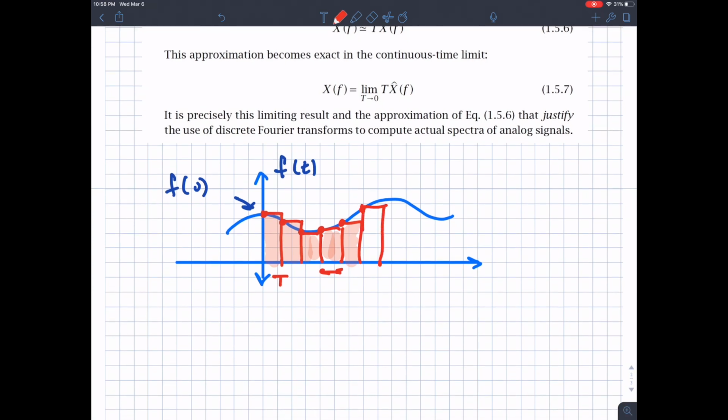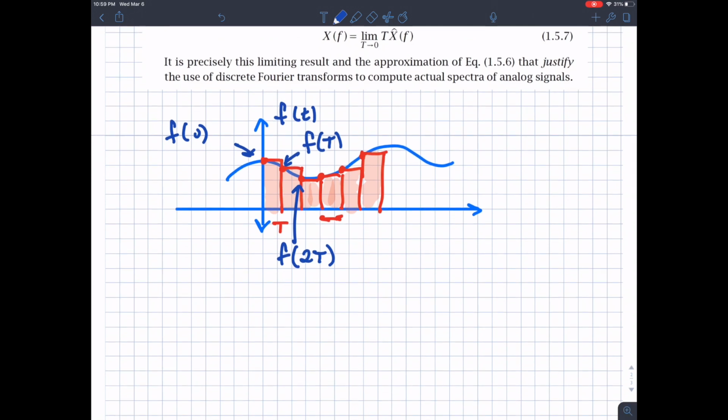Okay, so I think you get the idea. Each one of these is a sample value. So this particular dot, that would be f of T. This next one here would be f of 2T.